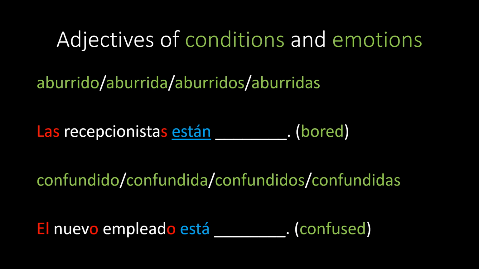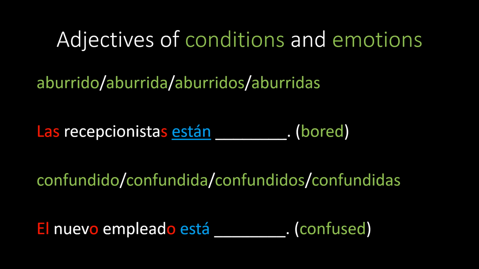The third one, aburridos, is masculine and plural, or it could be a mixed gender, masculine with feminine, and plural. And the last one, aburridas, is feminine and plural. So look at the sentence. Las recepcionistas están. Notice that las in red there is feminine and plural. And you can see that recepcionistas is plural because it has an S on the end. So you're going to fill in the blank with the feminine plural form of the Spanish word for bored.